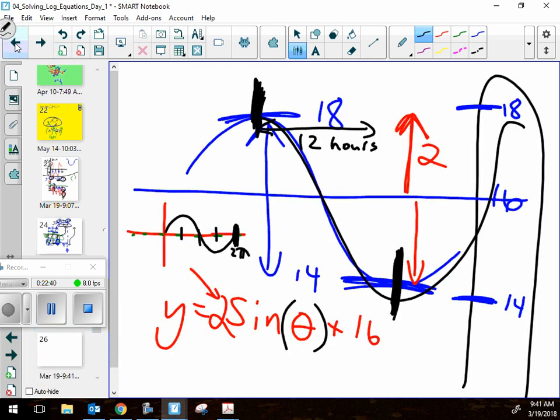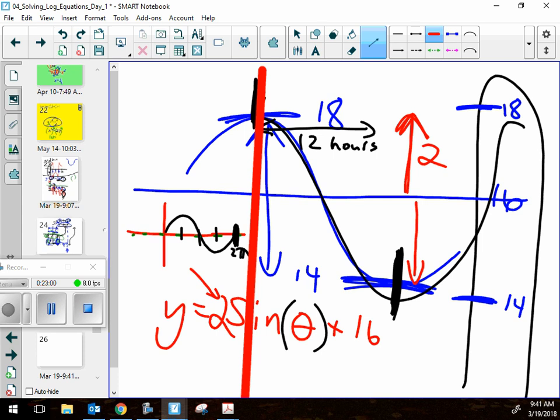Now, the easiest function to use on this, believe it or not, isn't sine. It's cosine. But why? Because if I start with my x and y axis looking like, I'm going to use big red lines for them. Oh, I got off a smidge just at the end there.